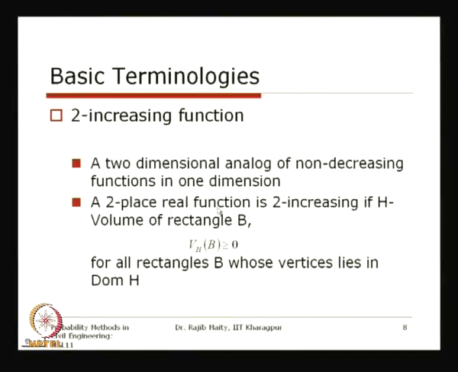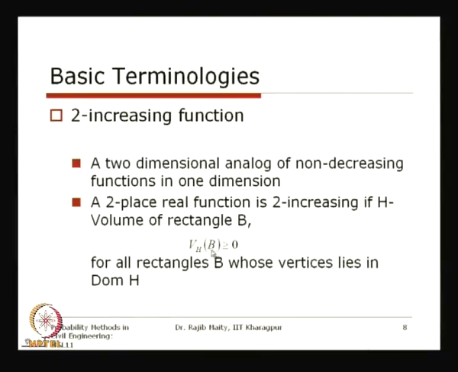One is the H volume of the rectangle B. So first of all we have to know which rectangle we are talking about, and if we know the rectangle, what does this H volume mean. That we will see.